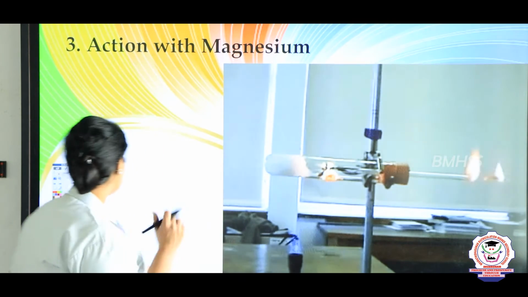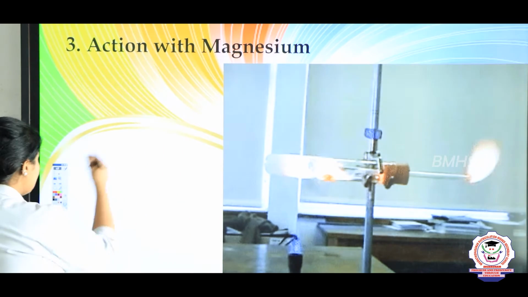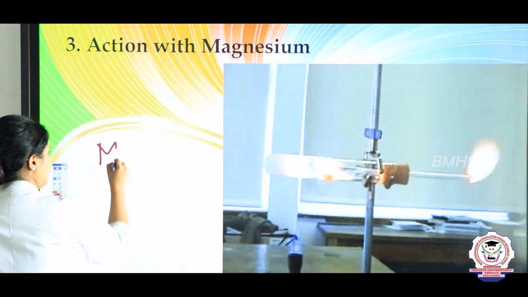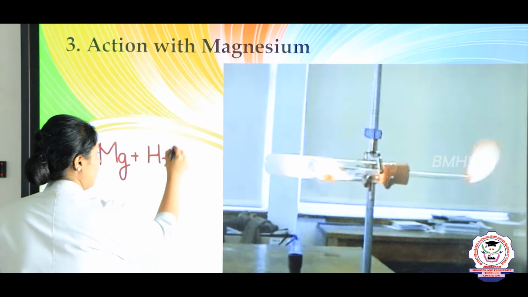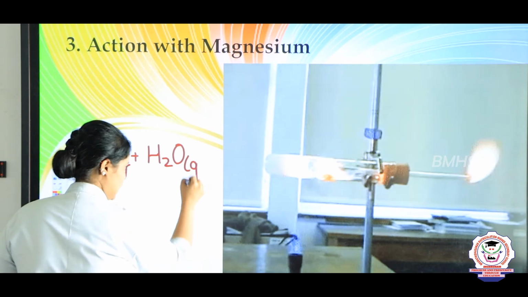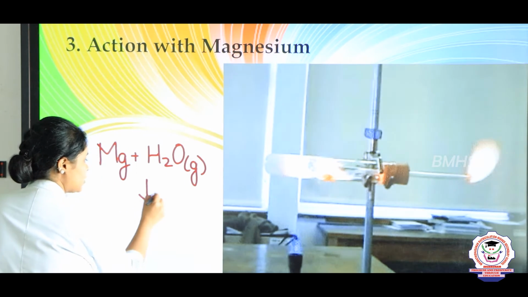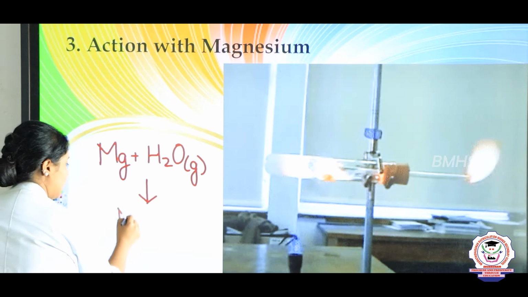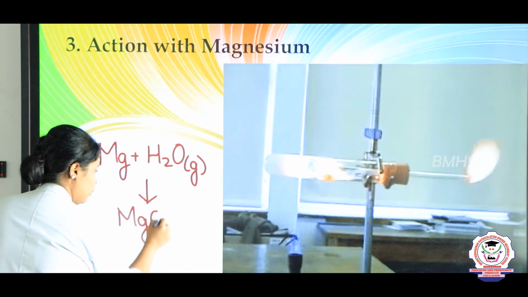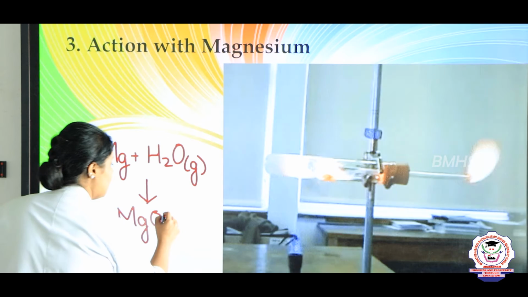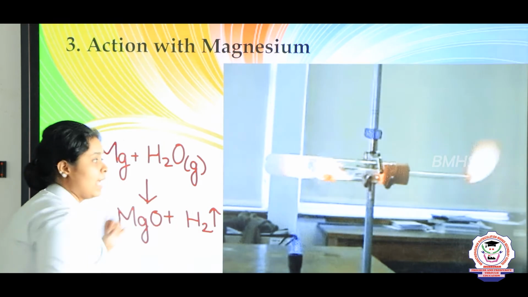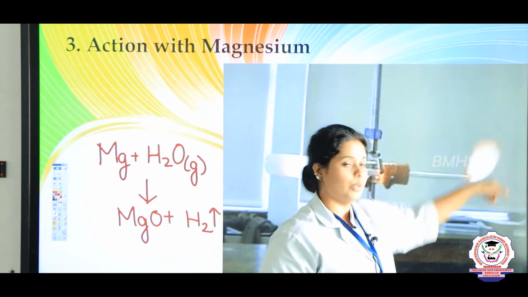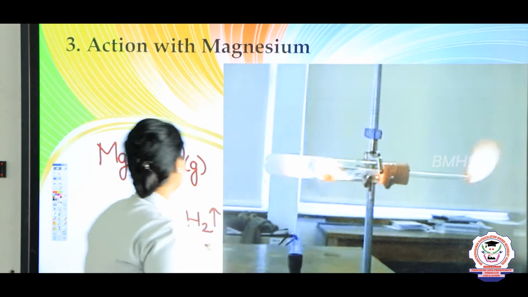So here the reaction goes as magnesium plus H2O, which is in gaseous form, will give MgO, which is magnesium oxide, plus again H2 gas will be liberated, and that H2 gas you can see over here, right? Yes.